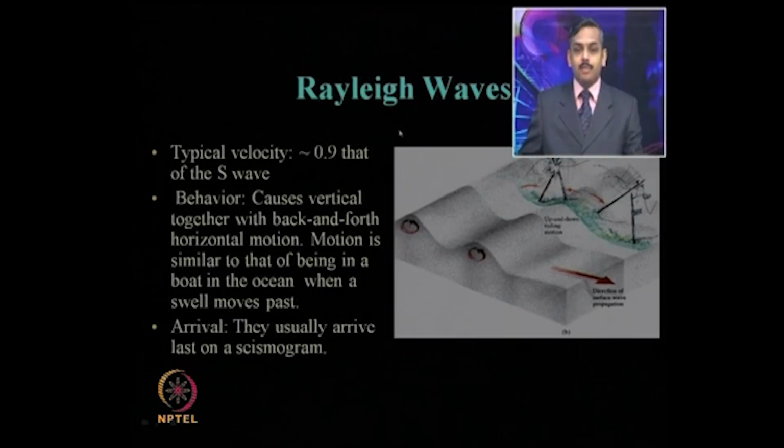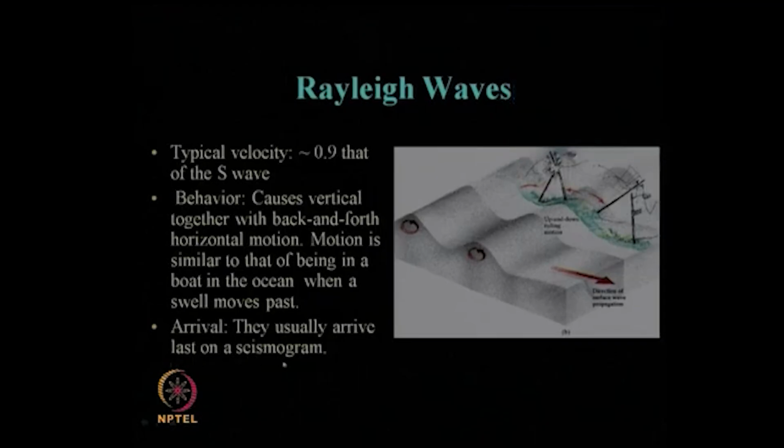You will feel almost a similar feeling because of the travel of the Rayleigh wave. And they usually arrive last on the seismograph. Their velocity is the lowest among all 4 types of waves, that is P wave, S wave, Love wave and Rayleigh wave. That is the reason why they reach last on the seismograph.